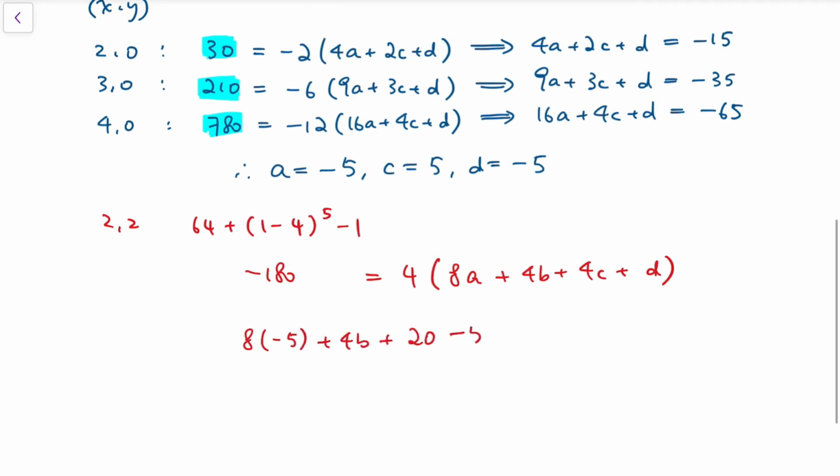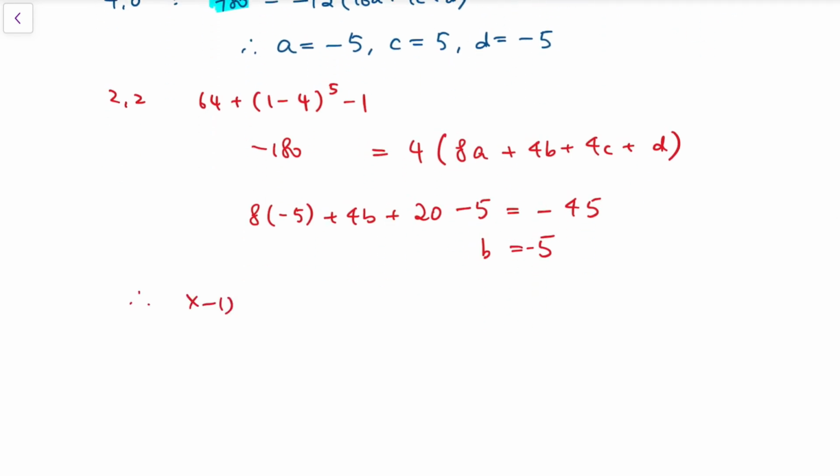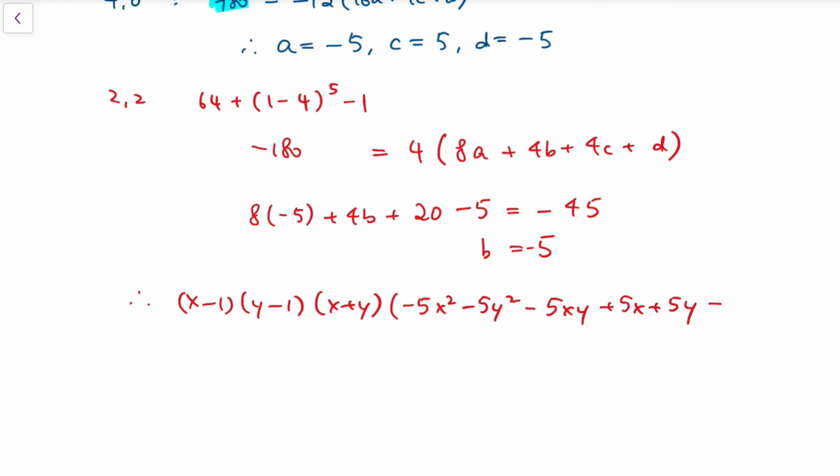So 8 times minus 5 plus 4b plus 20 minus 5 equals minus 45. So b equals minus 5. That means we have this product: x minus 1, y minus 1, x plus y, and then minus 5x squared minus 5y squared minus 5xy plus 5x plus 5y minus 5, and the product equals 0.